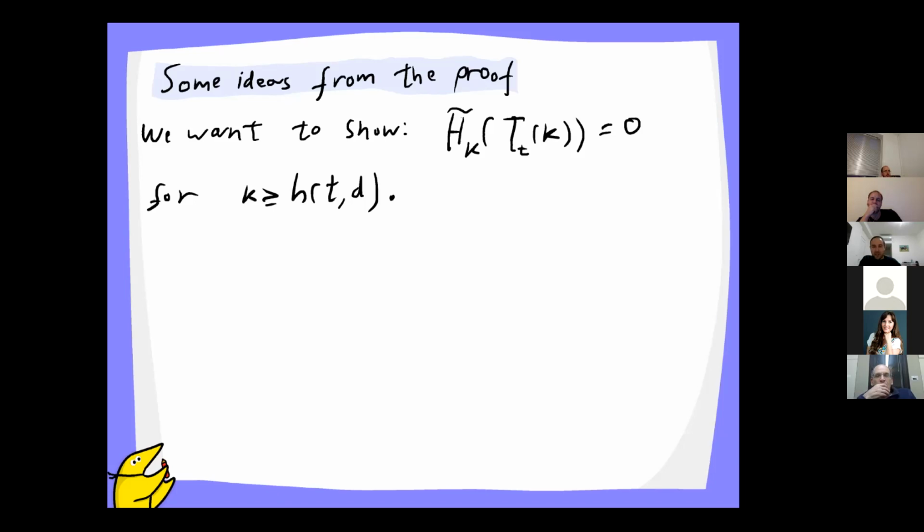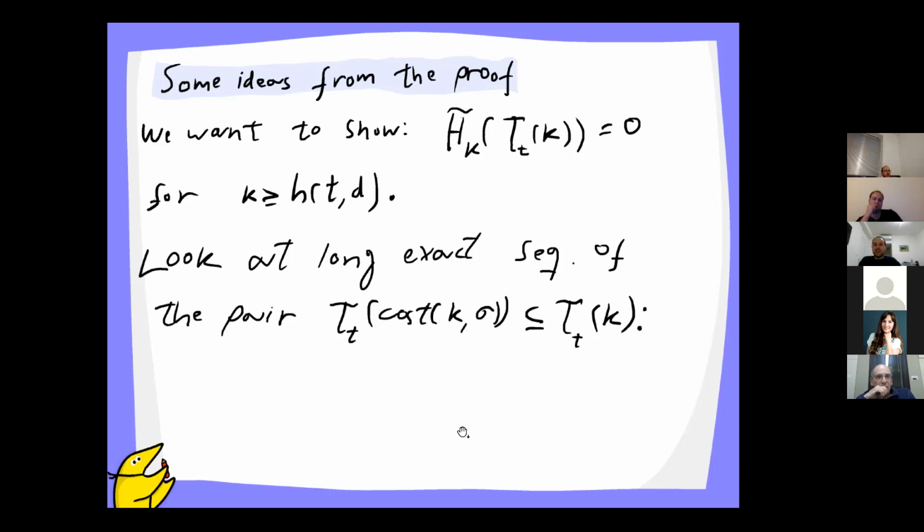What we do is look at the subcomplex of the t tolerance complex of K which is the t tolerance complex of the costar of sigma in K. The costar of sigma is a subcomplex of K, so its t tolerance complex is a subcomplex of the t tolerance complex of K. And we look at the long exact sequence of this pair of complexes.